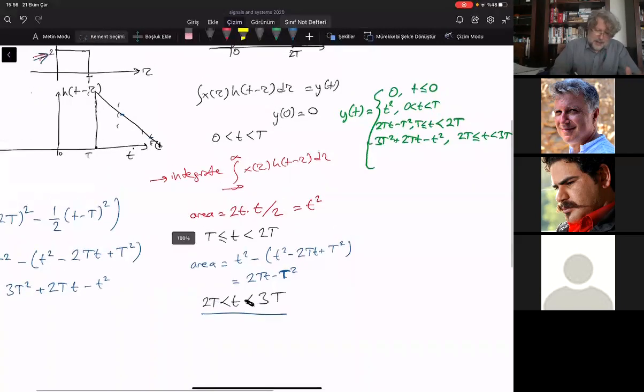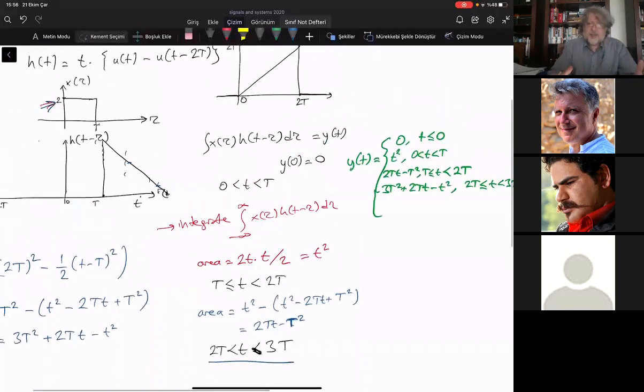And then clearly x of tau and this h of t minus tau, they don't overlap. Their multiplication is 0 everywhere. And when you integrate the 0 of that kind of an overlap, you get nothing. So we can say that it's also 0 for t greater than 3T.